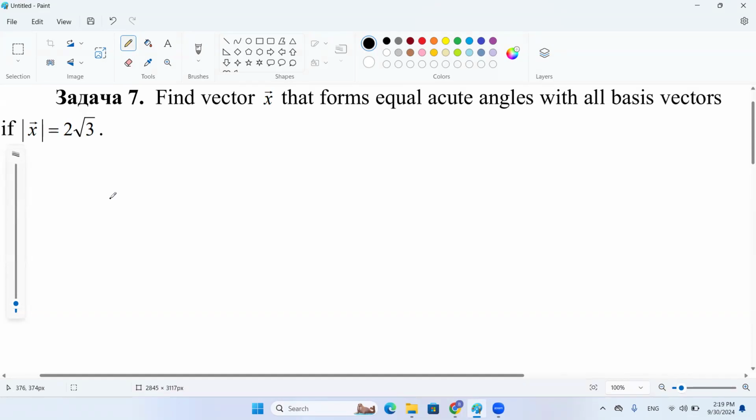So what can we say about its coordinates? Oh, you already have the answer, but let's go from start to the end.